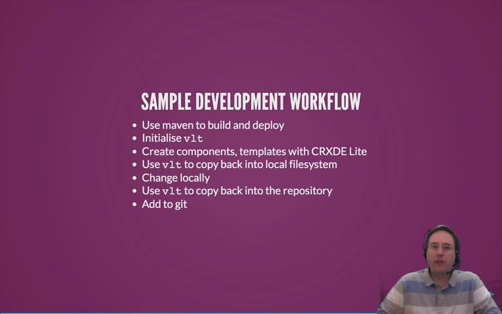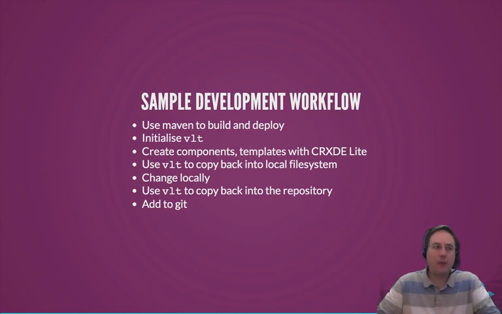So a sample development workflow that you could use with Maven and VLT and Git is to use Maven to create your project from an archetype, then use Maven to build and deploy your project into the repository. You would then initialize VLT to tell it that it should be working with your repository.